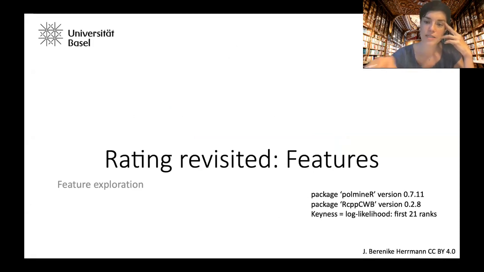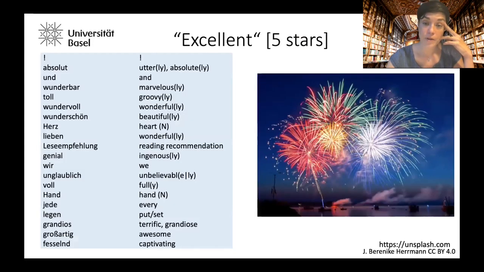So what we then did, we did keyness analysis using the package Pollminer in R, and this is the result of the keyness analysis. I just copy pasted the first 20 or 21 ranks here, using log likelihood, showing the words that are significantly overrepresented, including punctuation, as you can see on rank number 1, per star rating category.